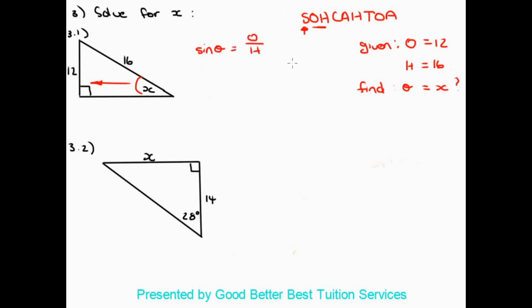And so what we'll do is now substitute in everything that we know, and then find out what we don't know. So sine x is equal to 12 over 16, right? And so what we need to do now is just solve for x. And the way we're going to go about doing this is we're going to shift sine away from x, right? So whenever we're trying to get a ratio away from x, we're going to shift it.